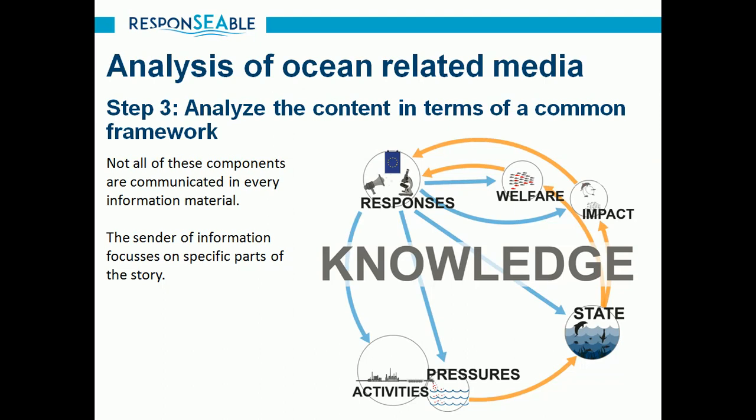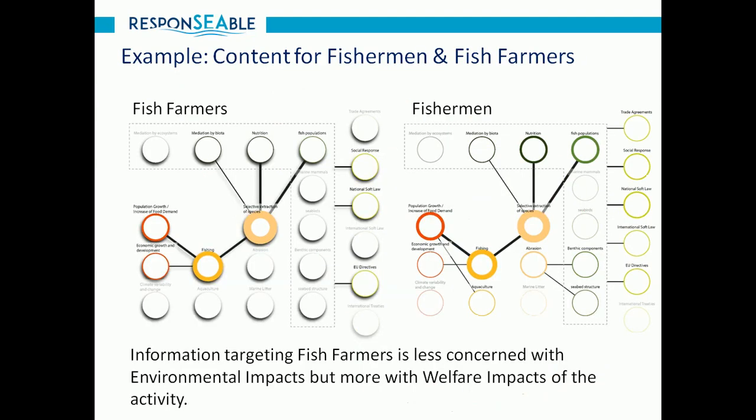In general, however, the sender of information focuses on specific parts of the story. This diagram is an example of the content for fishermen and fish farmers. Here we can see that information targeting fish farmers is less concerned with environmental impacts but more with the welfare impacts of the activity.